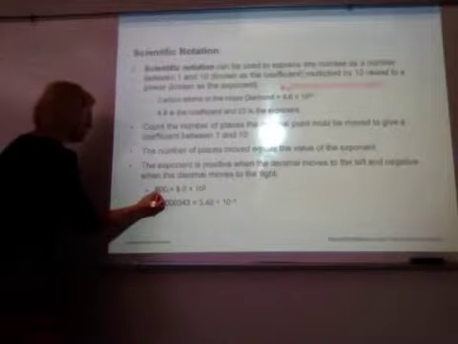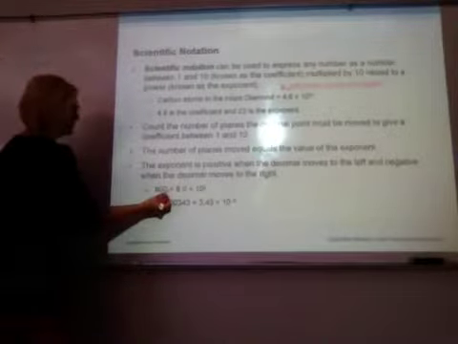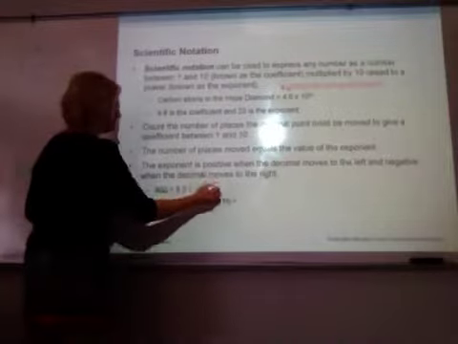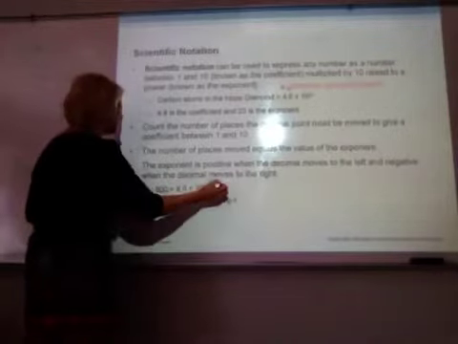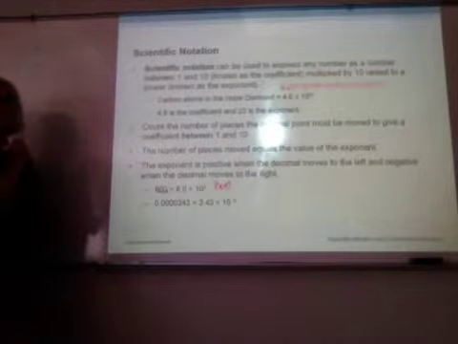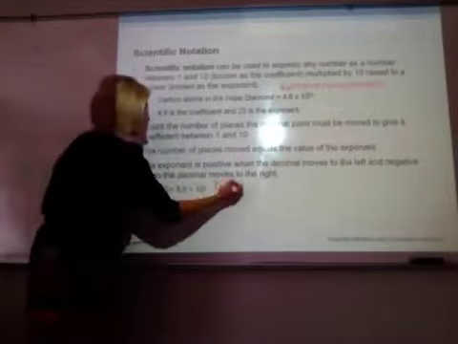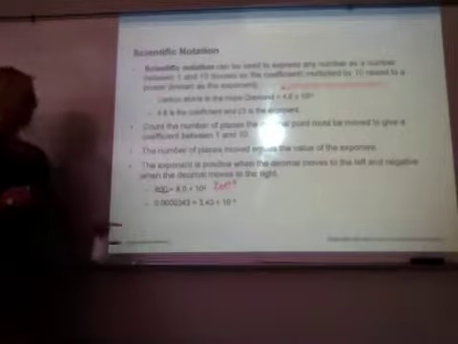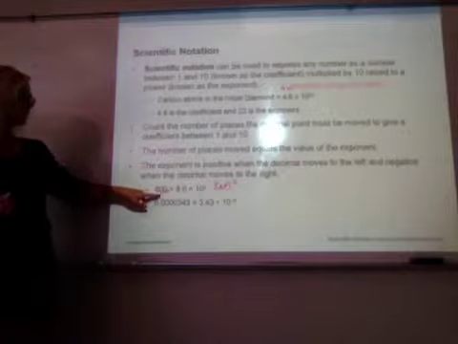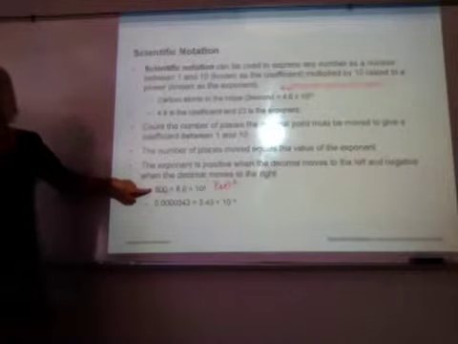So I'm going to move my decimal here. So I'm moving it 2 places. So I'm going to write 8 times 10. How many places did I move it? 2. So it's 8 times 10 to the second.